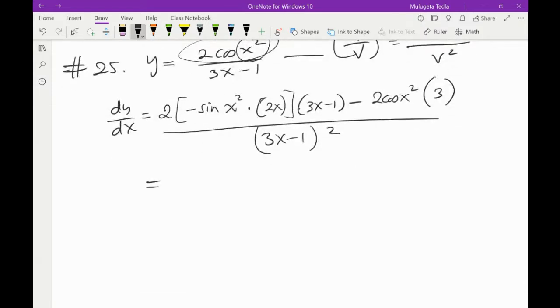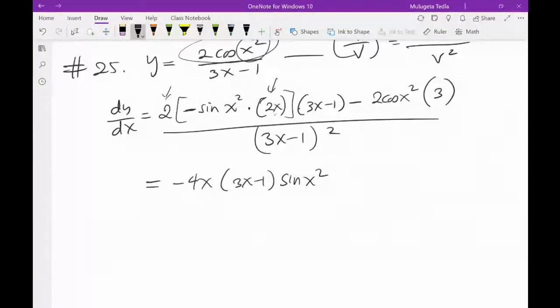So I think a little bit of simplification. I can multiply this 2x with these 2 to give me minus 4x, because this is a minus 2, right? Minus 4x sine of x squared times 3x minus 1 times sine of x squared.